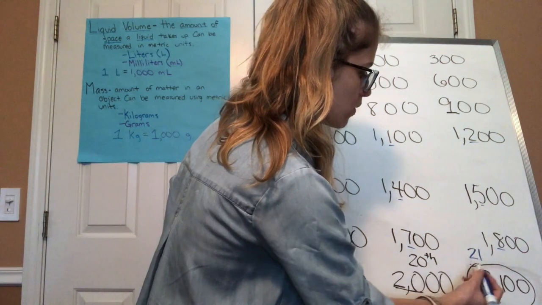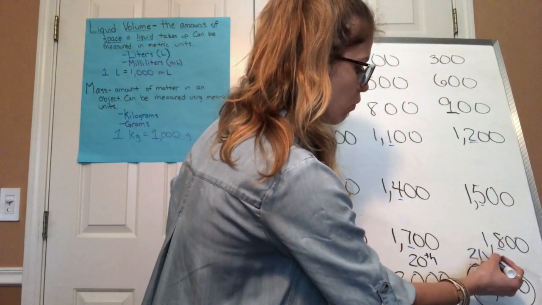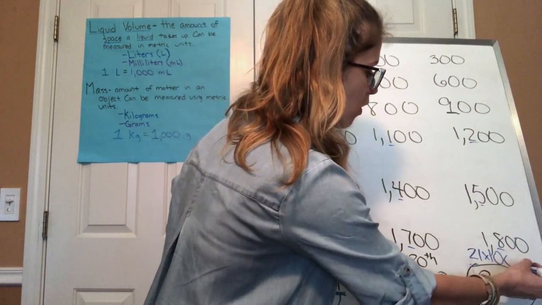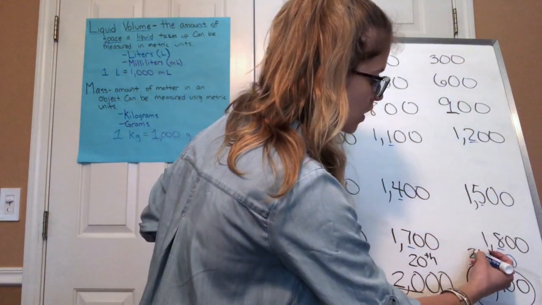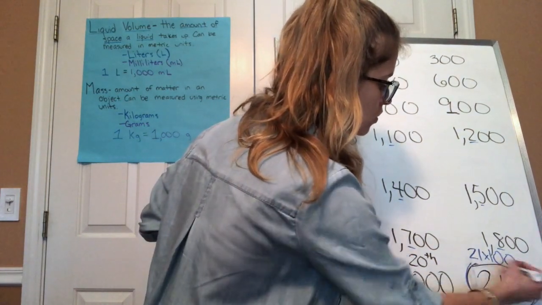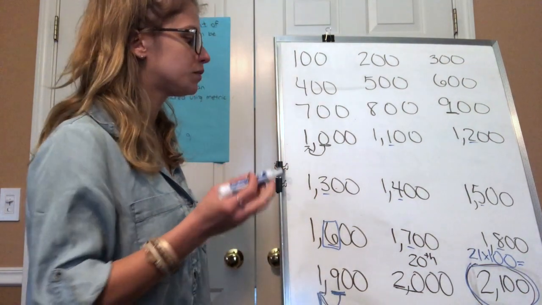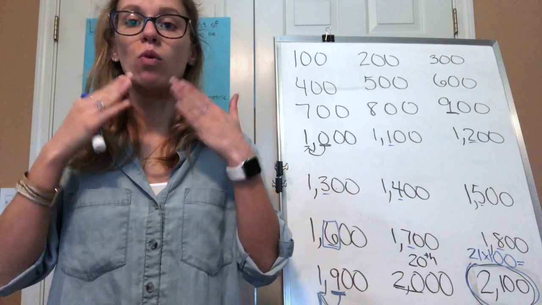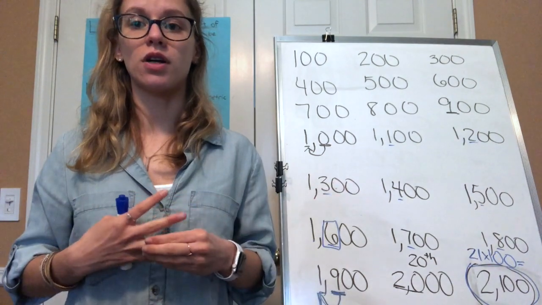This would be if we were skip counting in class, the 21st person would have said 2,100, and we were counting by 100. So my multiplication sentence would be 21 times 100 equals 2,100. And a way to think of that would be, if I made 21 circles and put 100 in each, my answer would be 2,100.